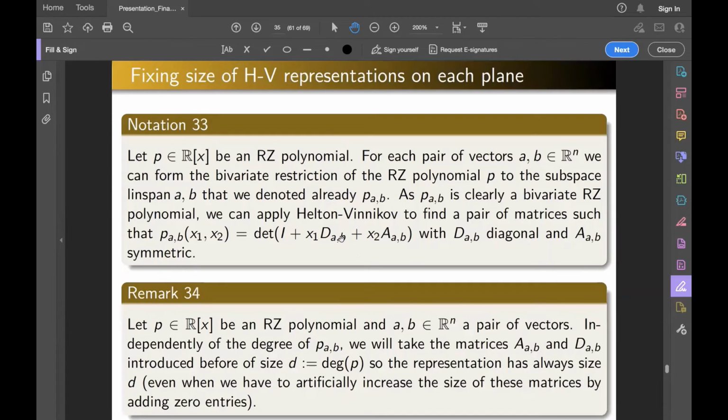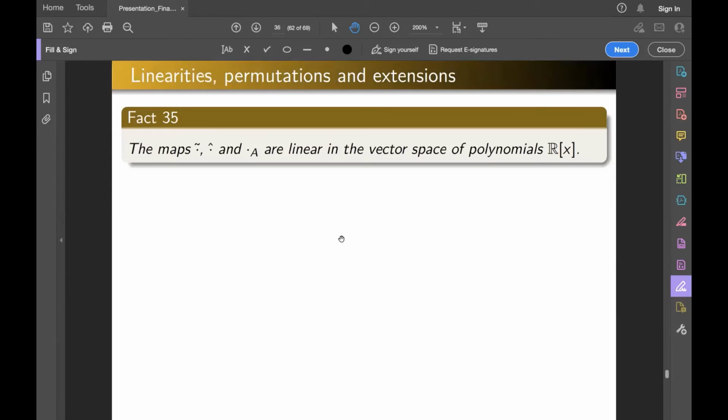And then we see that, because of the care that we took at the beginning, restrictions and operations involving the degree of the initial polynomial have to be taken uniformly. That is, we fix the degree of a restriction, even though it might drop. Then, well, these are linear operations in this space.